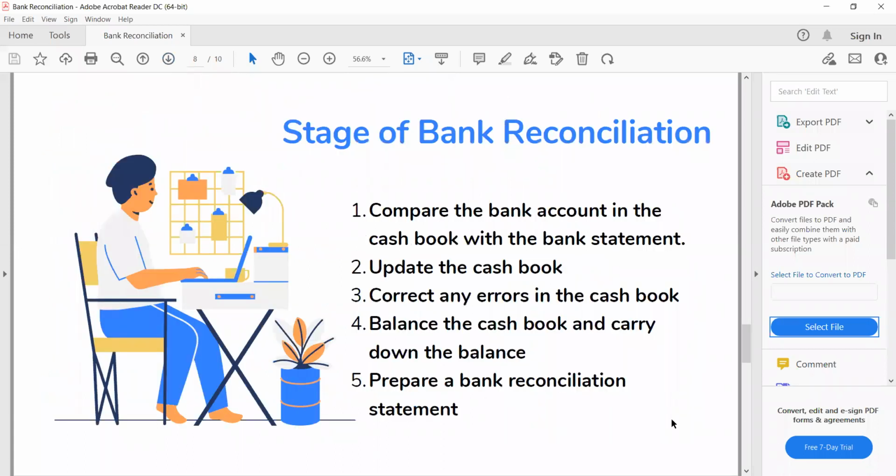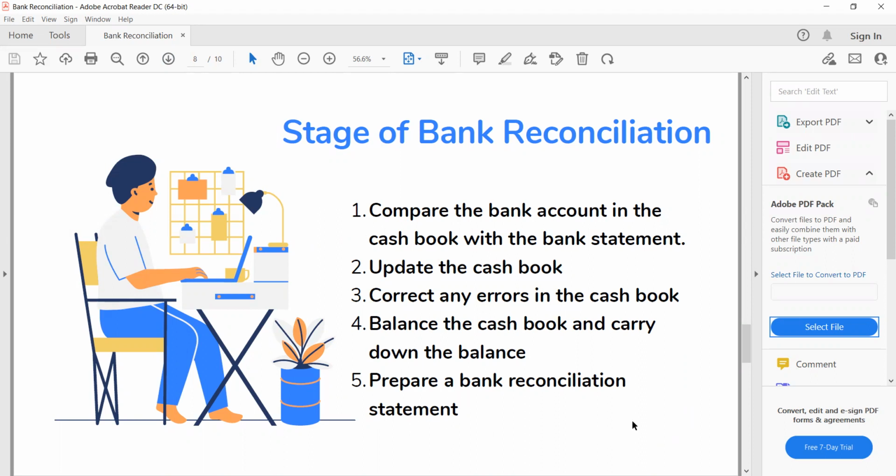The stages of the bank reconciliation statement. First step, you must compare the bank account in the cash book with the bank statement that you receive. Update the cash book. After we check, we update the cash book and do the correction if any cash book error happened. The balance in the cash book is carried down to the following month.